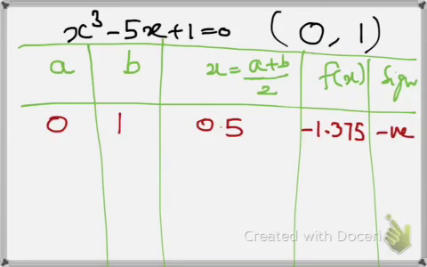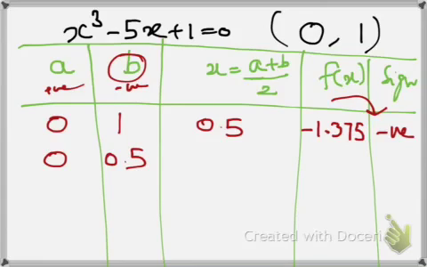Since f of x is negative, now we replace the one for which the value was negative, that is b, with 0.5. So the root lies between 0 and 0.5.